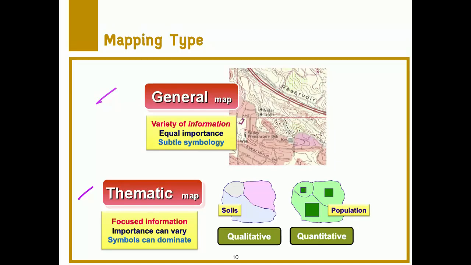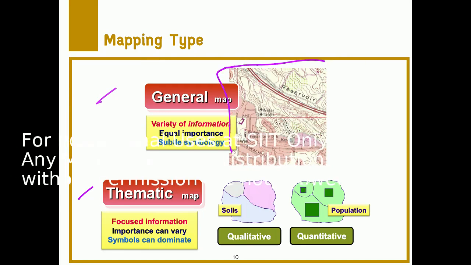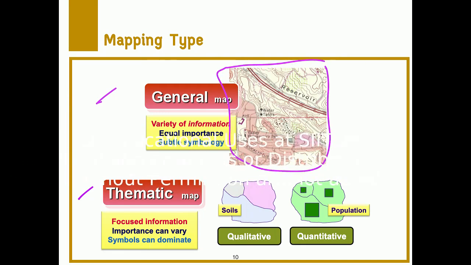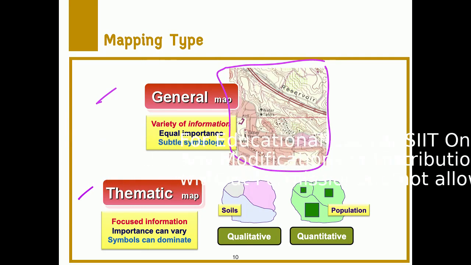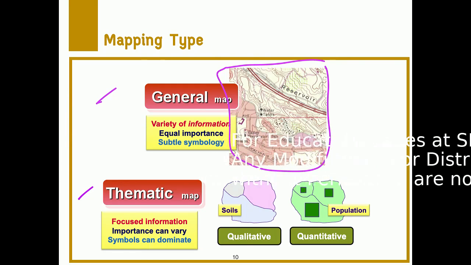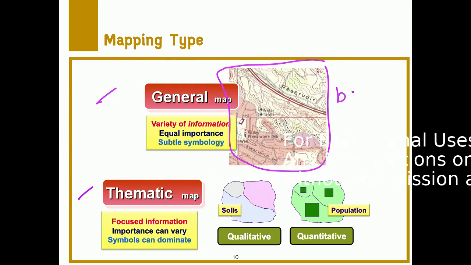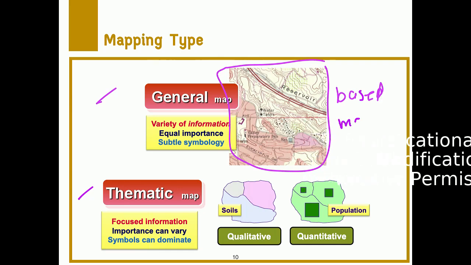For the general maps, it means that we do not focus on some information, but we see the variety of information inside. Normally it will be very small scale. Small scale means that the map can cover everything, including points, lines and polygons, every feature inside the map. Normally we use this as a base map.